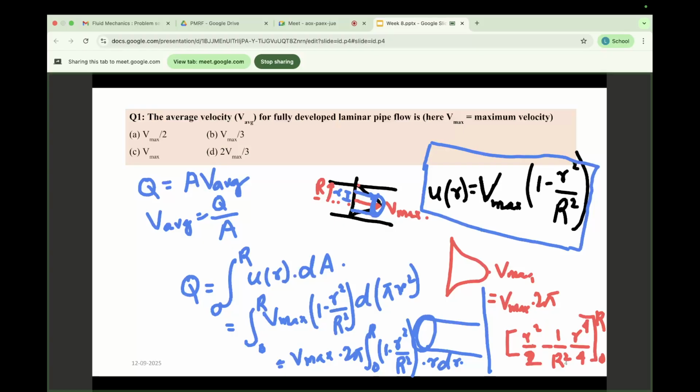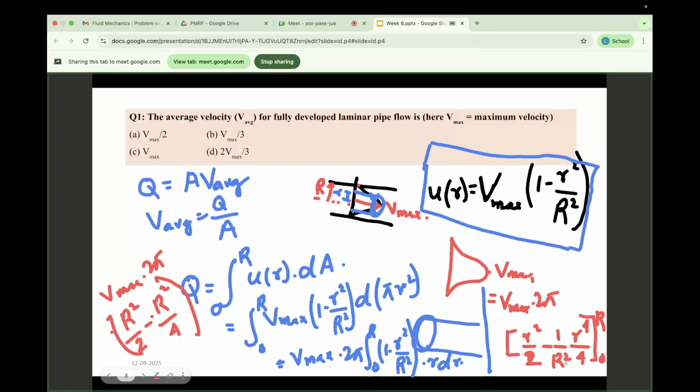Okay, so if you put it here, you will easily find out this value. I am putting this value, that is V max into 2 pi, this is r square by 2 minus r to the power 4 by r square, that means r square by 4.